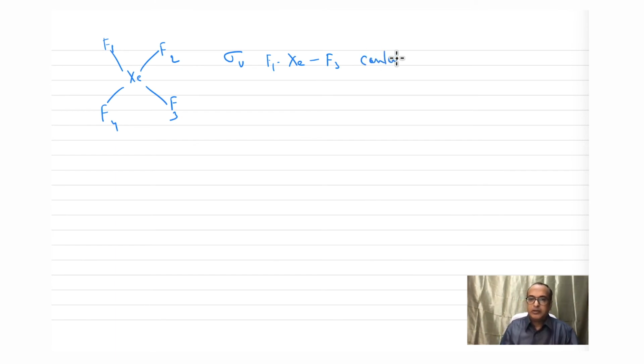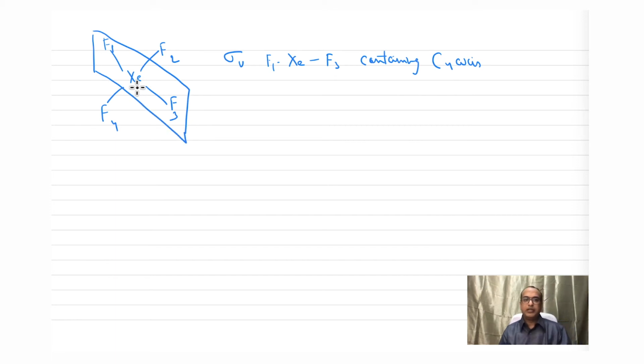Containing the C4 axis, this is just to help you identify which plane this is. It is the plane containing these three atoms and is perpendicular to the plane of the board containing the C4 axis. Okay. Now, these are the two sigma V's which are present.